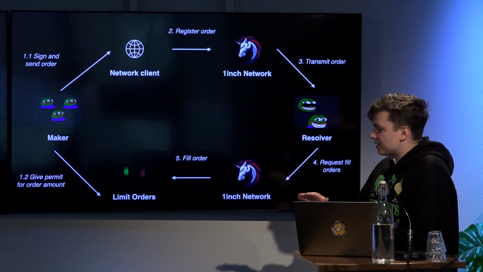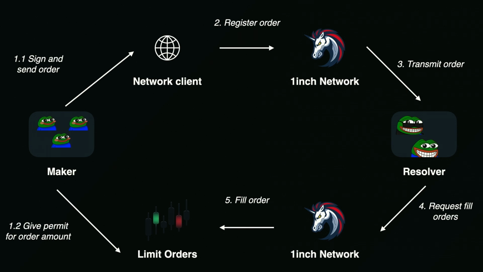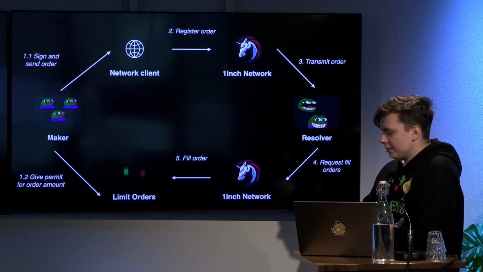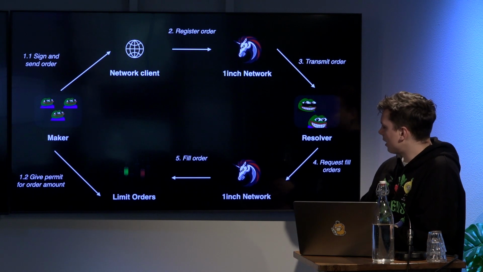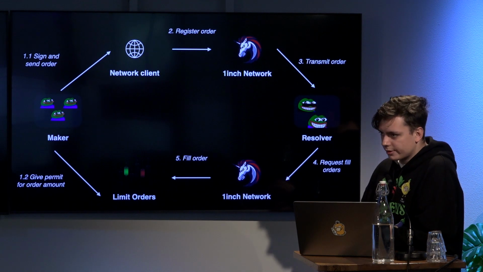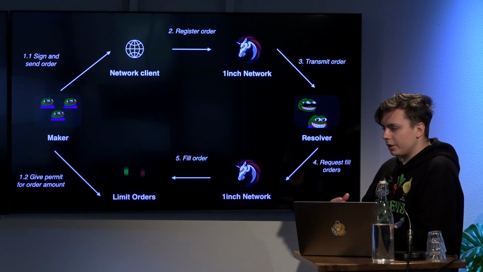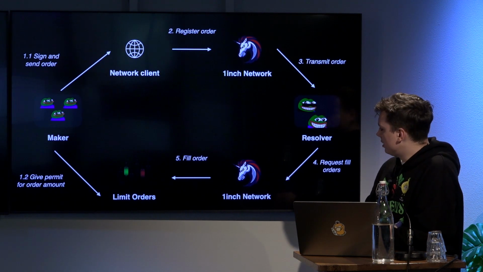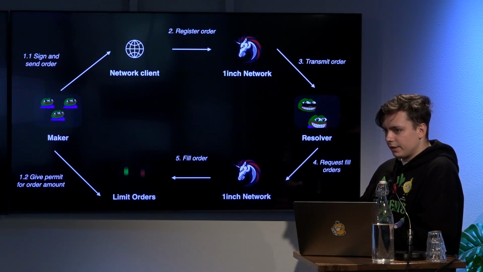It's almost the same as limit orders, but there is a small difference. It's the resolvers, and the mechanics of how the DAO allows some resolvers to execute the orders. Right now, if you want to execute orders on each network, you need to be in the top 10 of the resolvers.